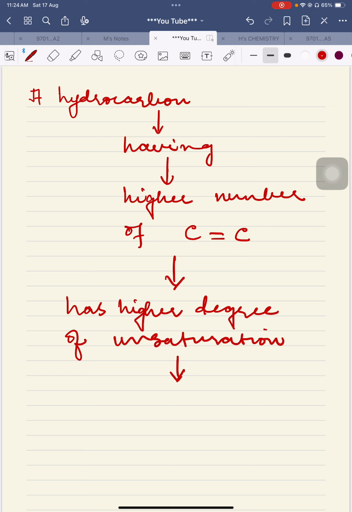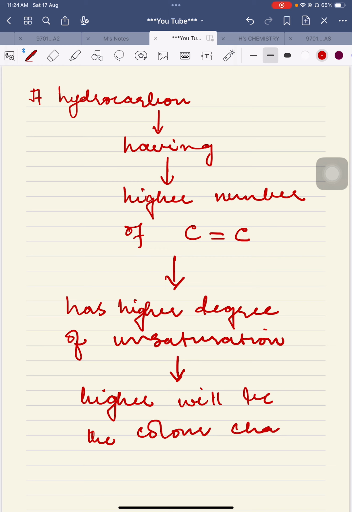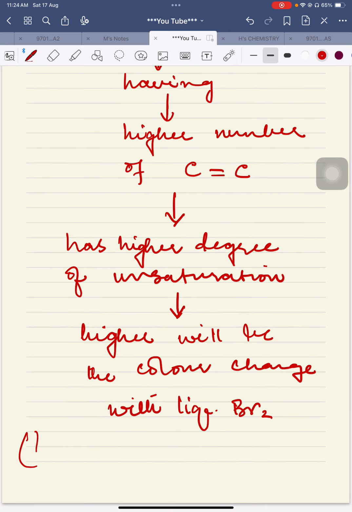Higher degree of unsaturation means what? Higher will be the color change with liquid Br2. Higher level of discoloration, or higher level of decolorization, you may say.